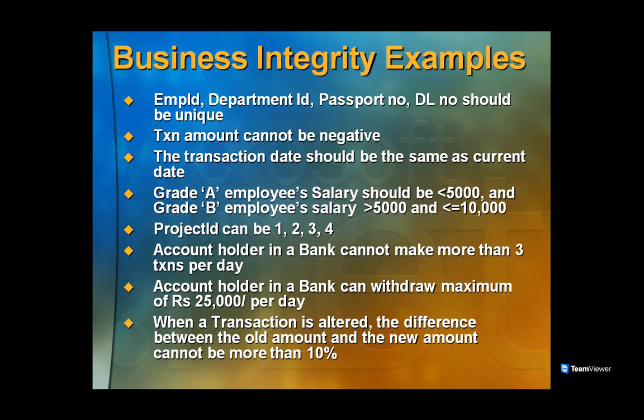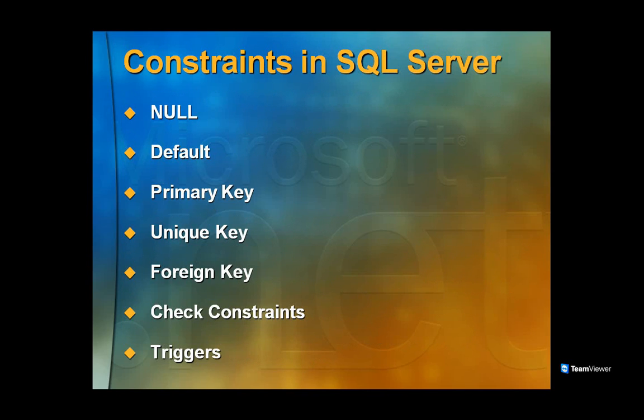So what are the features we are going to understand now? Null, default, primary key, unique key, foreign key, check constraints. All these are features which will ensure data integrity, data correctness. Even though the end user inserting data may enter a wrong value, these features will audit the data, try to correct it, or give an error message saying that your data is incorrect.